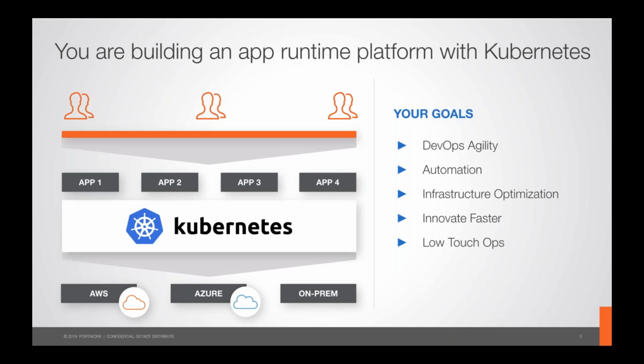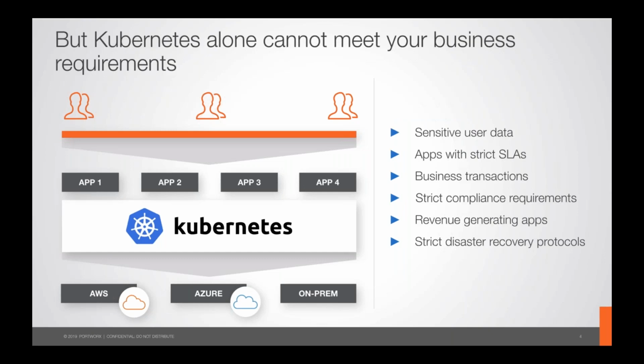But there comes a time in which it's increasingly difficult for new apps to be deployed on Kubernetes. The cause of that hurdle tends to be hard business requirements that cannot be shed.